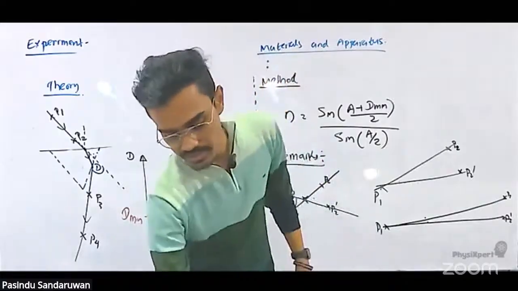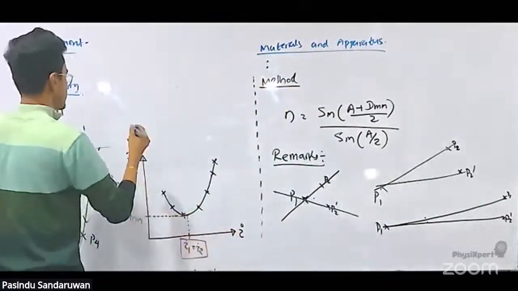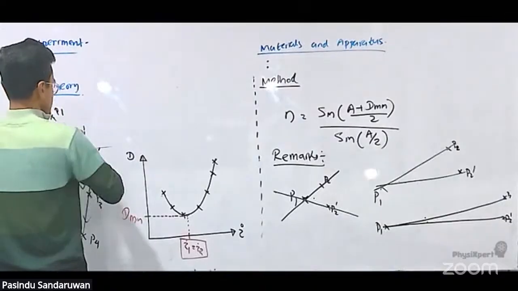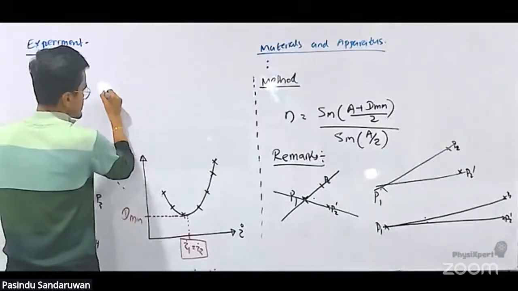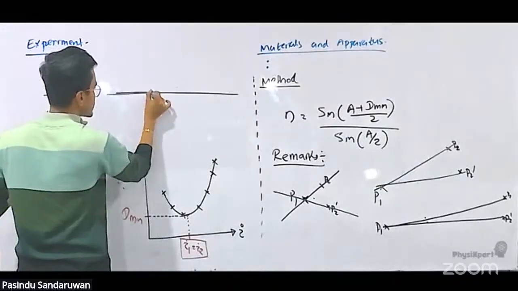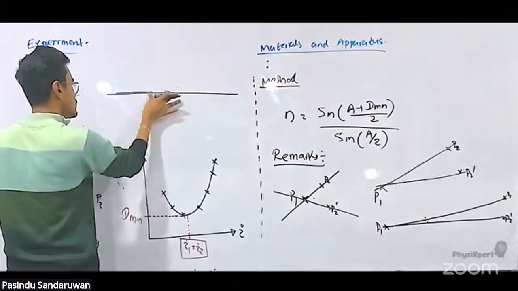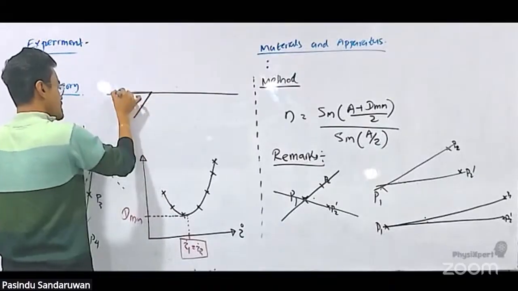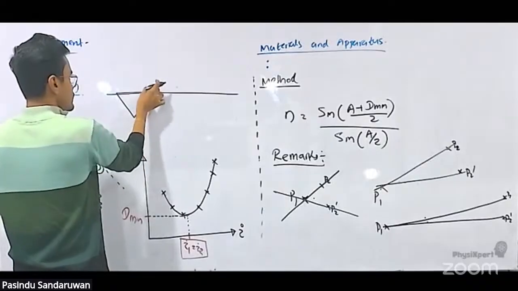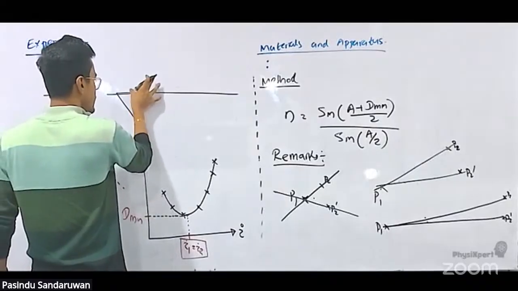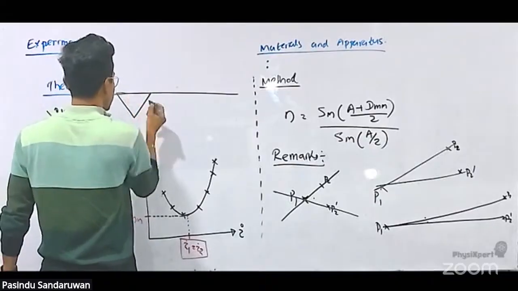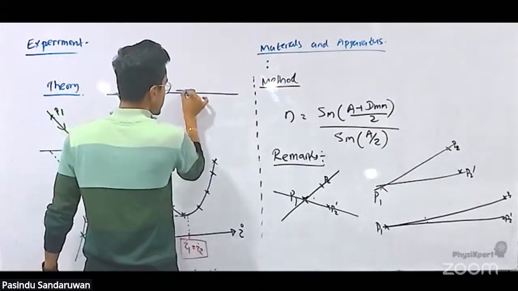Next one is, look at the board first. Using a comparatively larger prism is better, because even if you have a small deviation when you are trying to keep this on the line, it will be clearly visible.